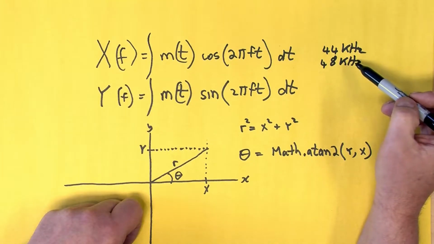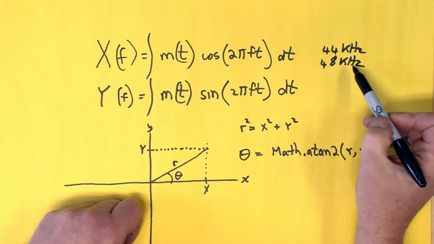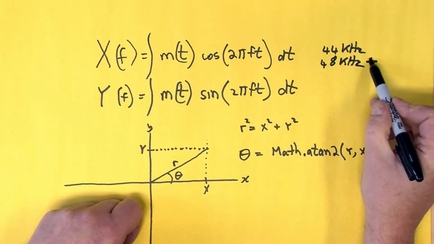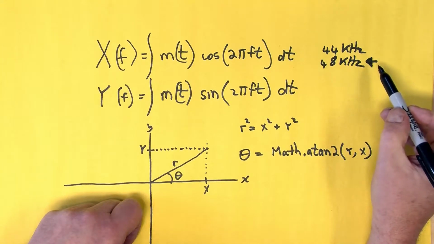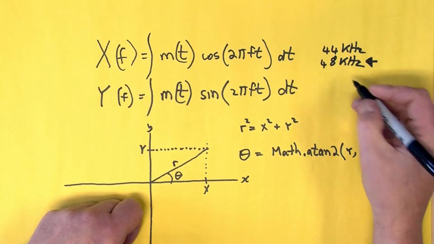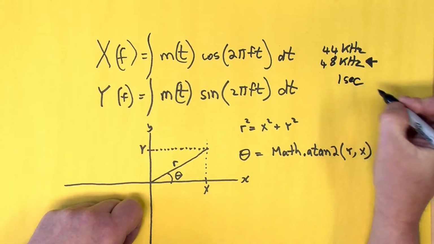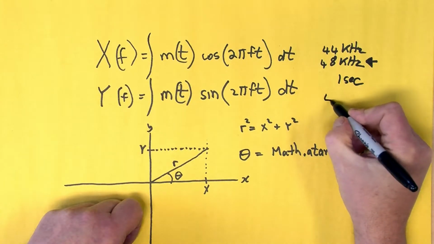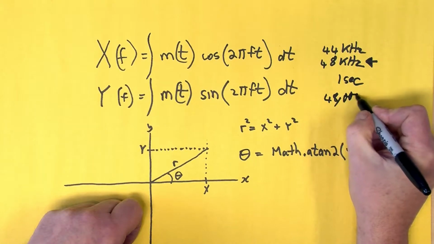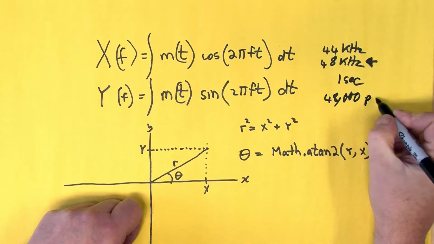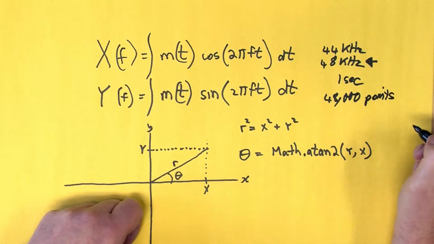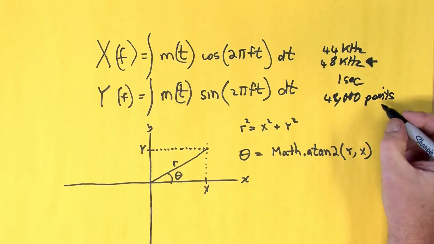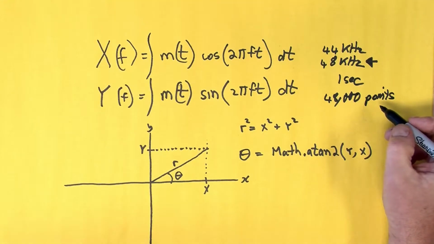So if we have 1 second of audio and we're using 48 kilohertz sampling, or 48,000 samples per second, that means in 1 second we're going to deal with 48,000 points of data, of audio. That's a lot of data to deal with.